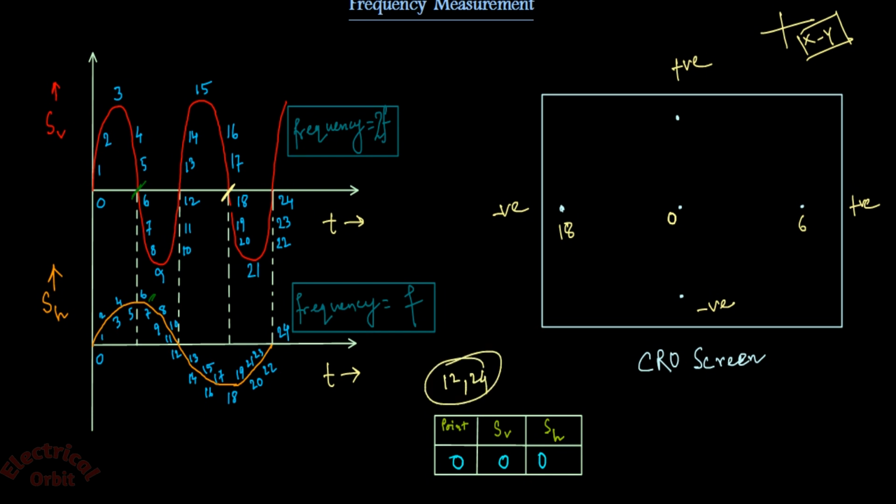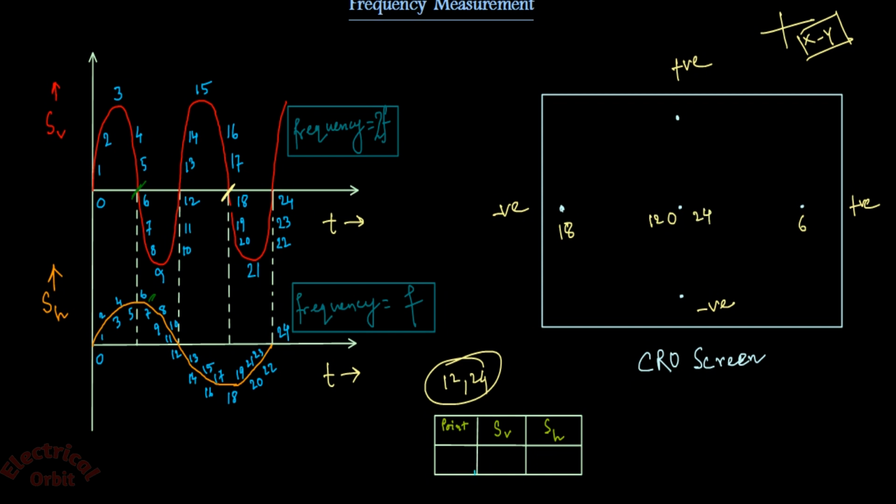Why? Because at point number 12, the value of SH equals 0 and the value of SV is 0 again. Similarly at 24, the value of SV equals 0 and the value of SH is also 0. So we can write these points here, 12 and 24.